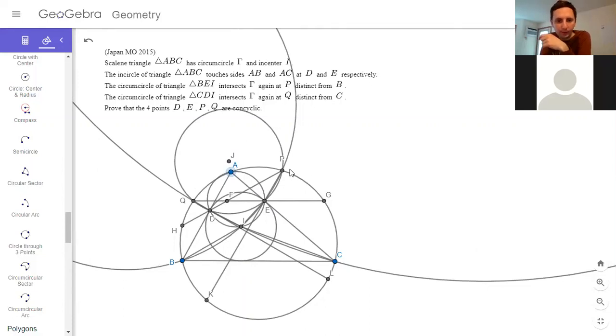If I can show that the ratio of the power of Q with respect to both circles is the same as the ratio of the power of P with respect to those two circles, then that would solve the problem by the power ratio lemma. Interesting.